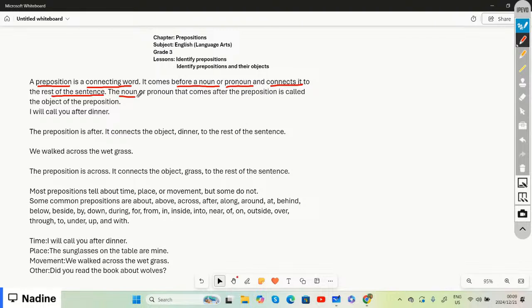Now, any noun or pronoun that comes after a preposition, we call that the object of the preposition.